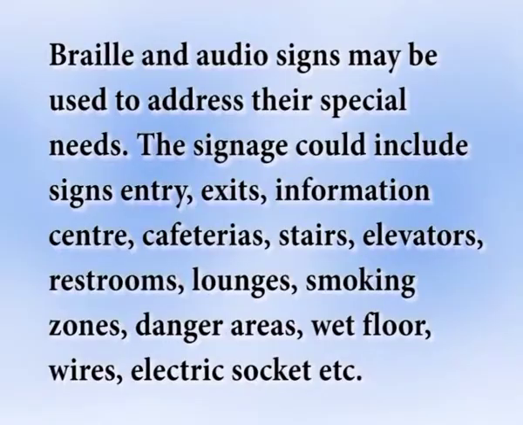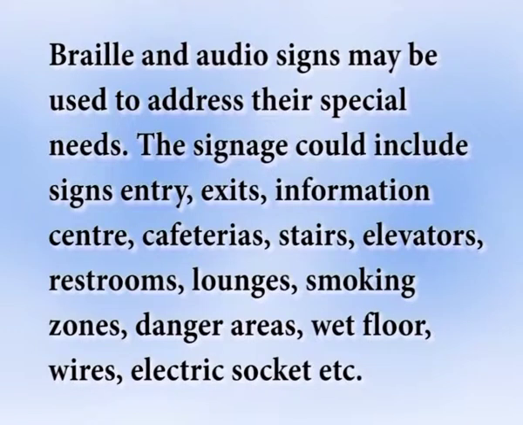For example, for informing about toilets, signage could be in the form of text, as in male or female restroom, or maybe in the form of a symbol of male or female, or a color code of pink and blue. Event signage should keep in mind the requirements of differently abled people.